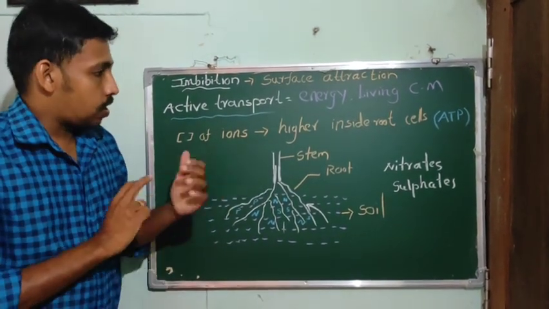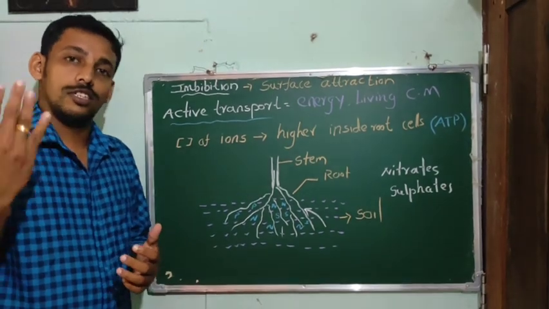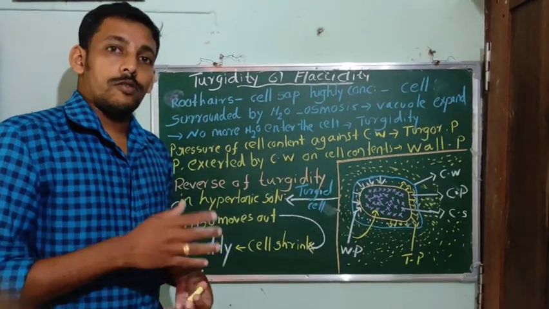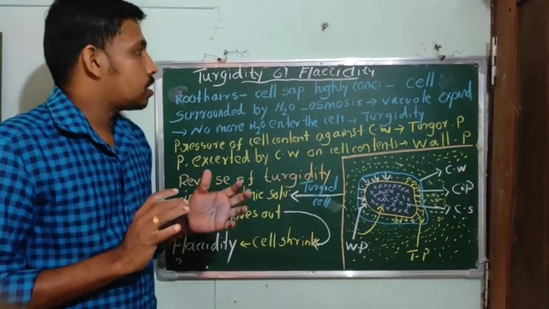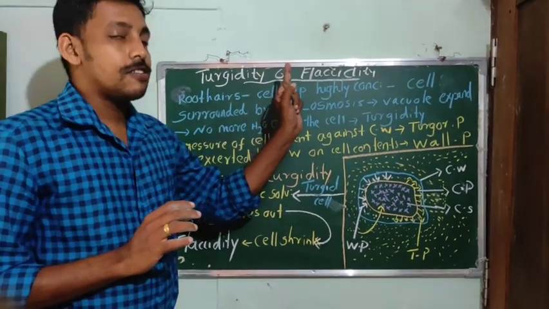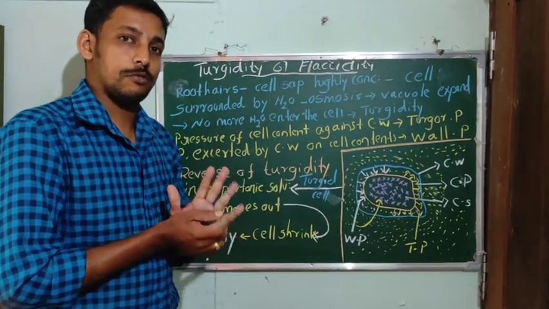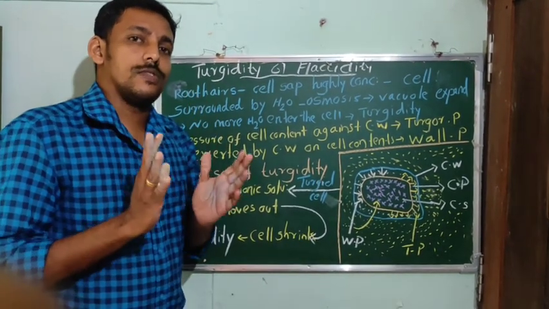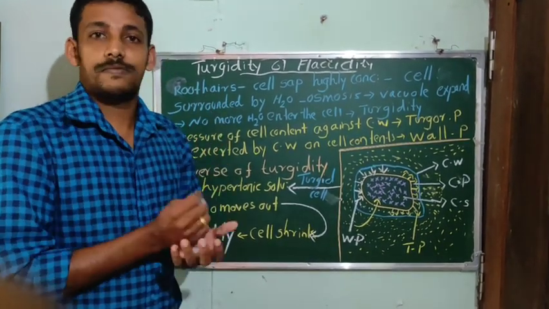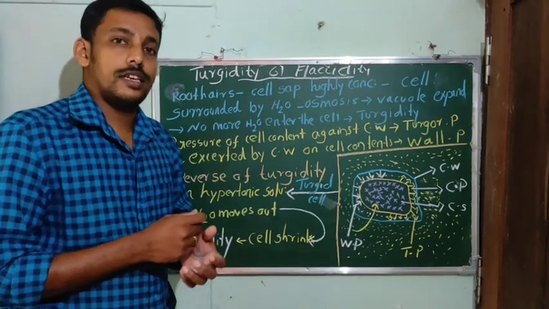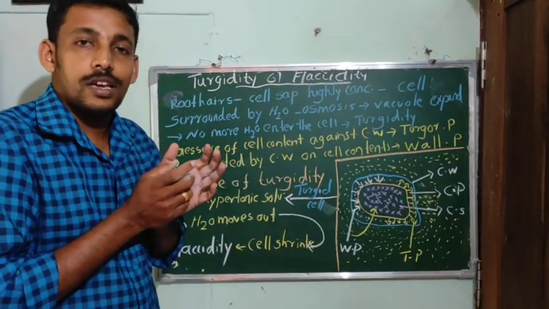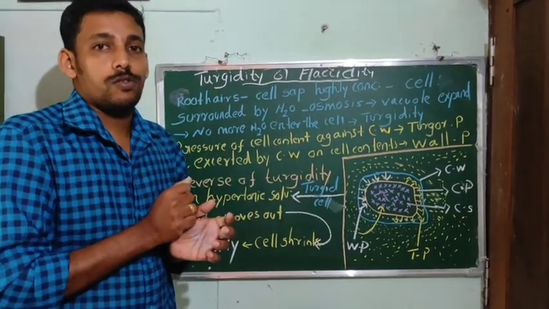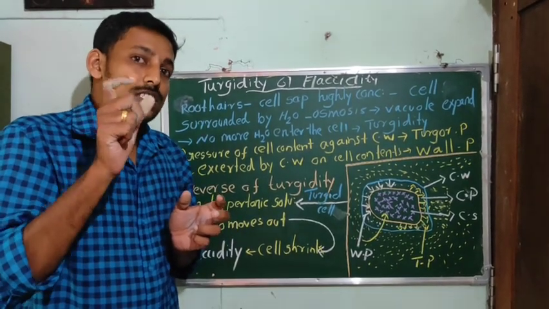Okay, so now let's move to the next topic. Now let's learn about turgidity and flaccidity. We know that the root hair cells are permeable to water. In the root hairs, we can see a large vacuole, and in the vacuole we can see the cell sap.